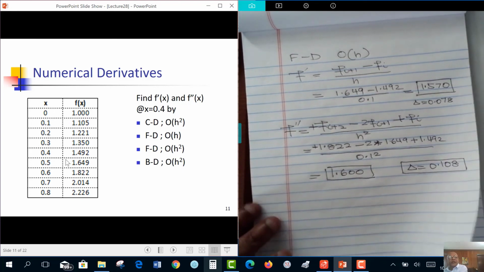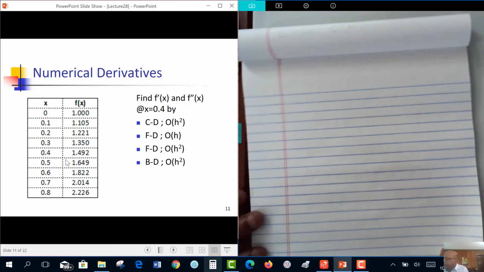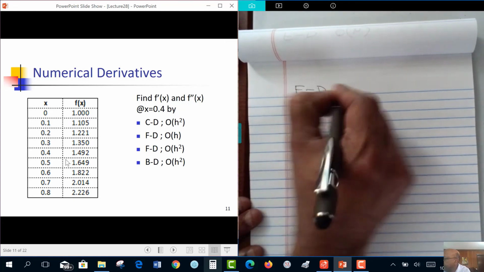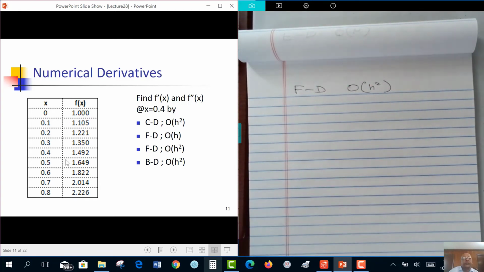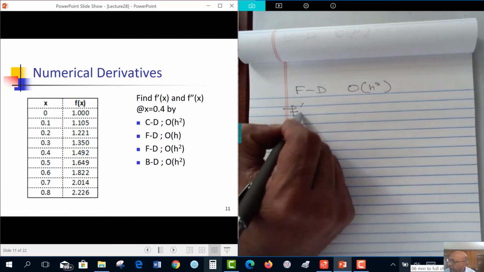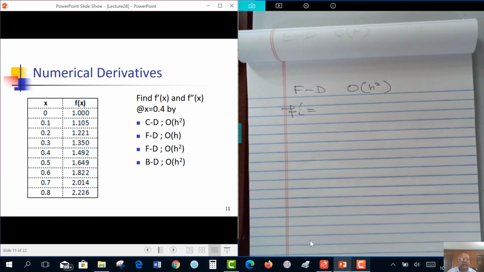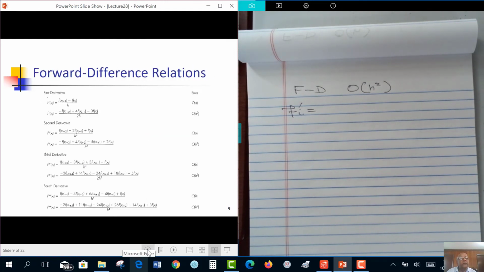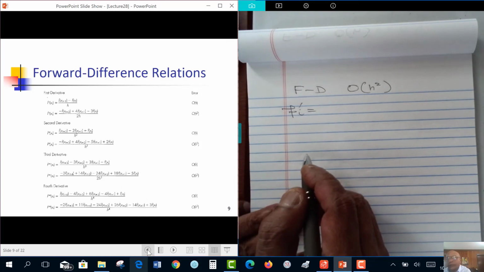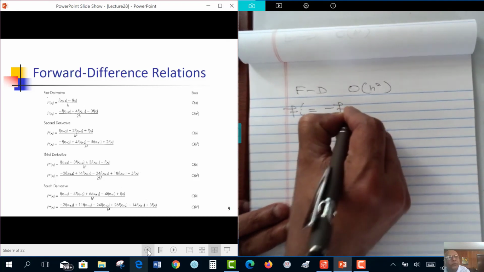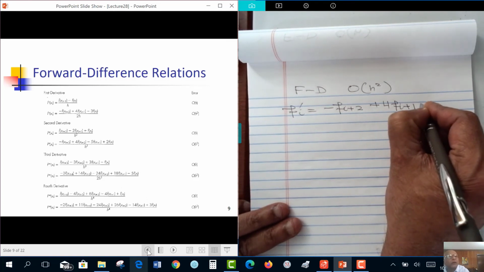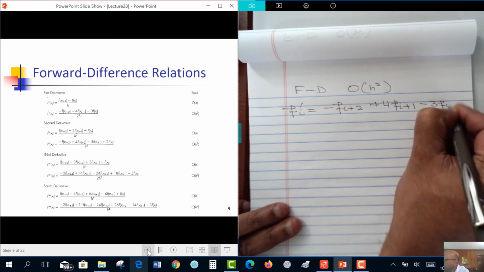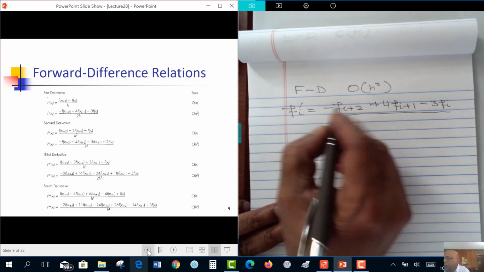Now, the next category was forward difference, order h square. This is what most people prefer. So let's see the first derivative. Our formula is (minus fi plus 2 plus 4fi plus 1 minus 3fi) divided by 2h.